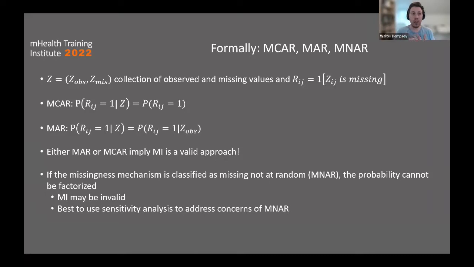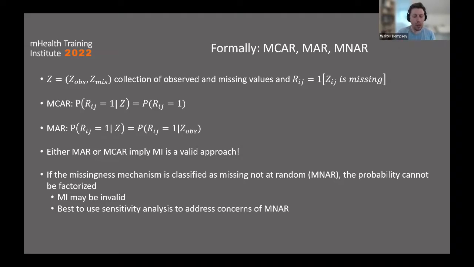It's not like today I've decided to be inactive and therefore I've taken off the device. Instead, I have an overall level of physical activity, and my probability will depend on that, but it's conditionally independent of the missing data given the observed data.